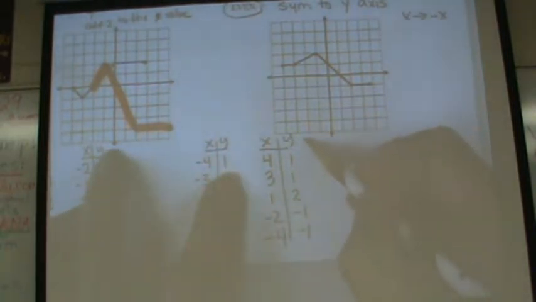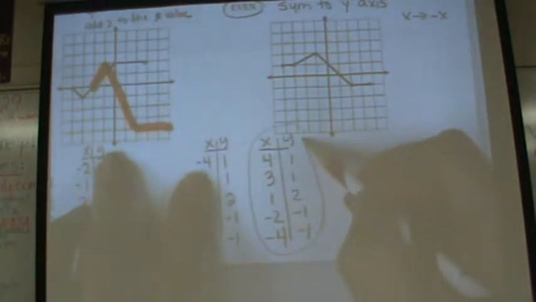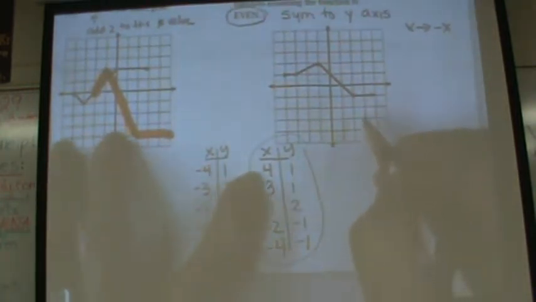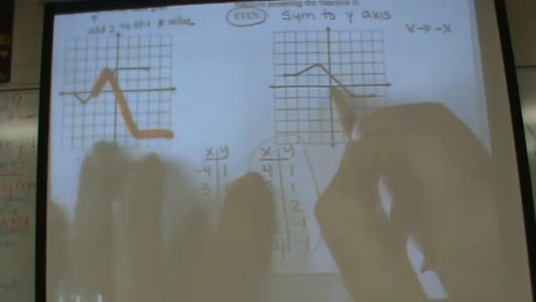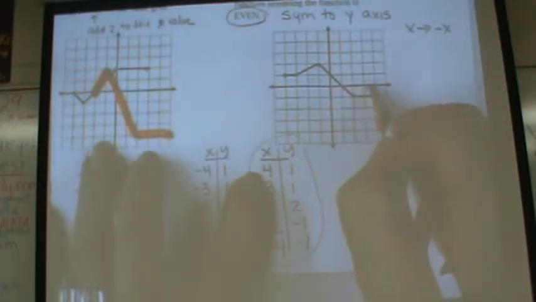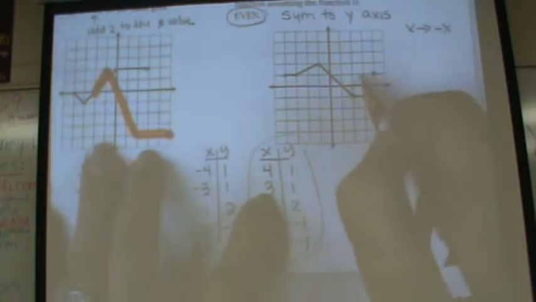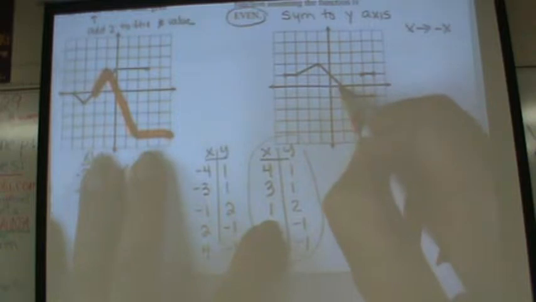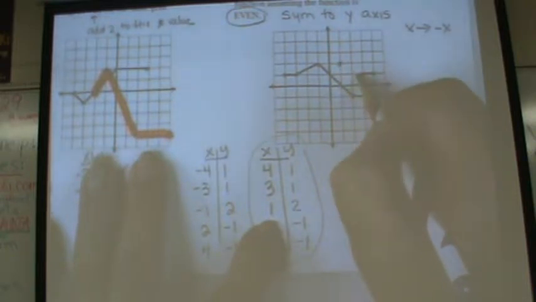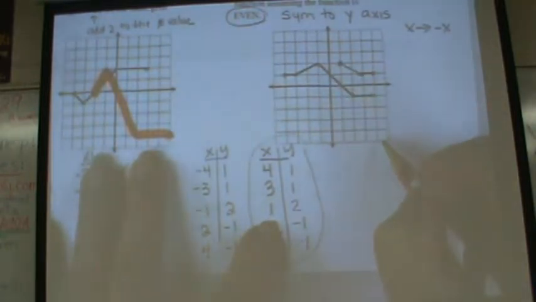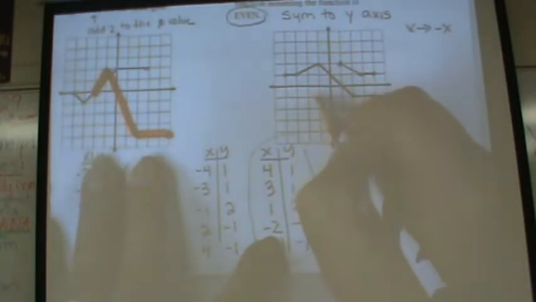So we're going to plot these points right here, and that's going to make it an even function. So we're going to start with here, 4, 1, which is that point. And then we go to 3, 1, and we're going to connect it. And then 1, 2. And then negative 2, negative 1.